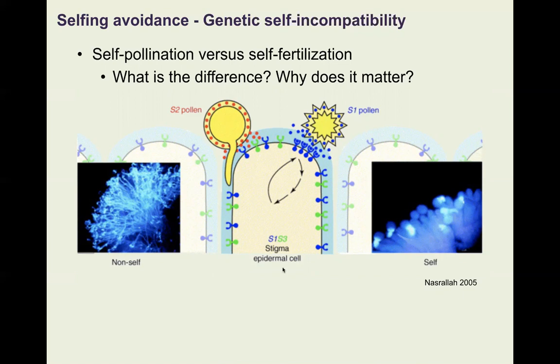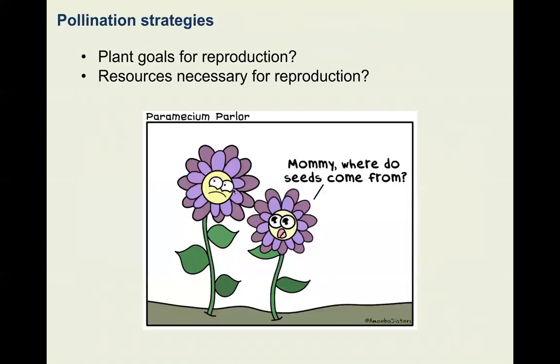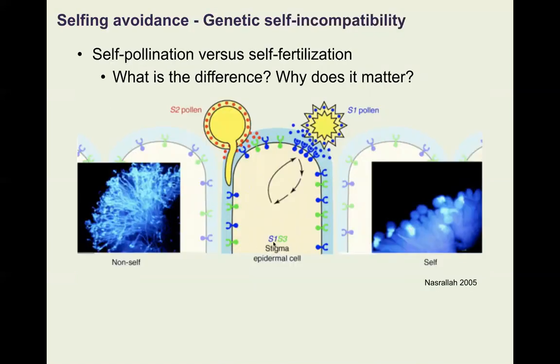So here we've got a stigma that comes from a diploid individual that is S1, S3, these so-called S alleles, self-incompatibility alleles. And the S2 pollen is not any one of the alleles that's present on the female. So S2 is different from S1 and S3, and that is compatible pollen.